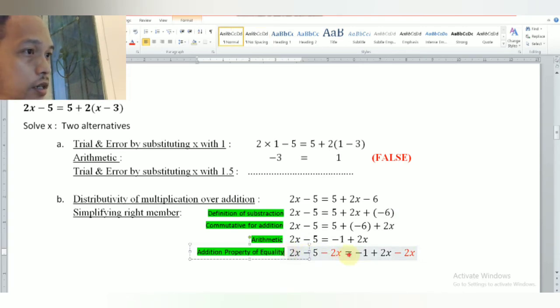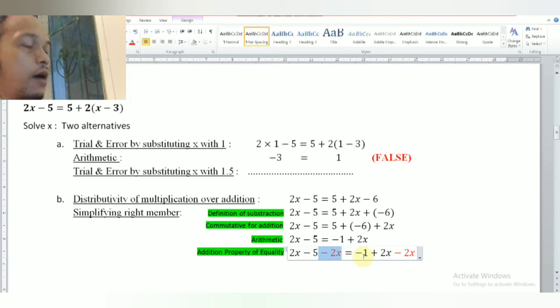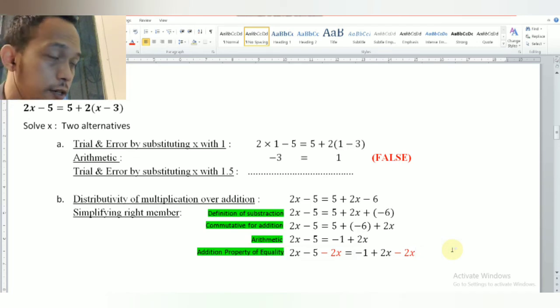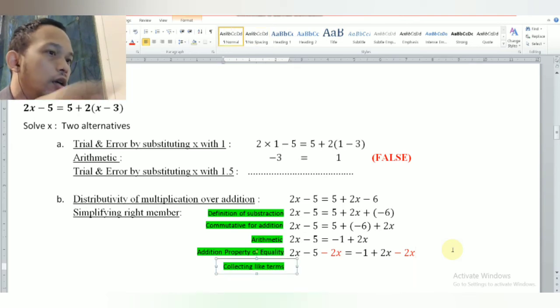When I subtract the left member by 2x, you have to do the same with the right member. That's how an equation works. Okay, addition property of equality. And then I will collect the like terms. That is the last step that we will do.